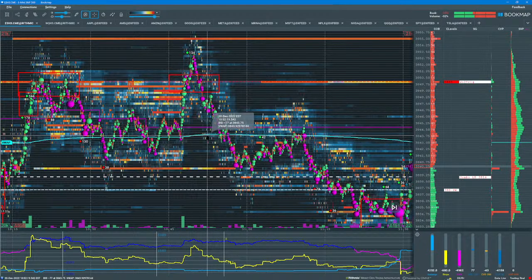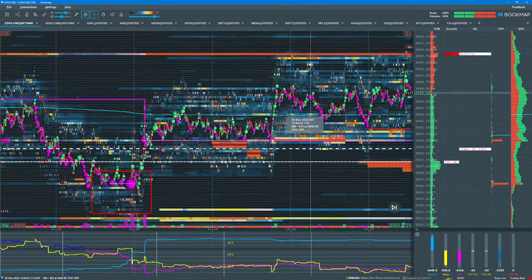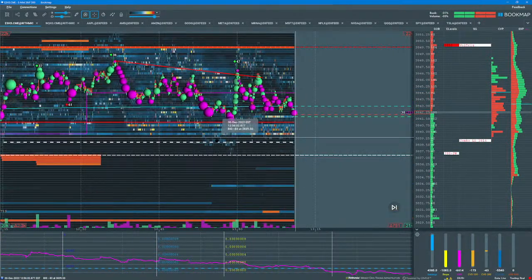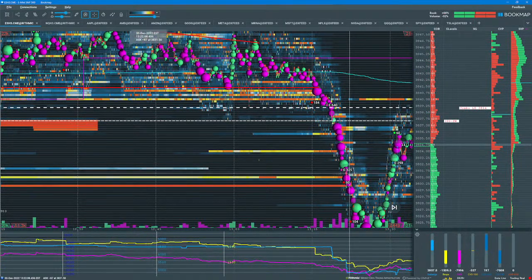And I don't see one, let's see if there's one further down. I'm looking for one on chart, so here's one right here.